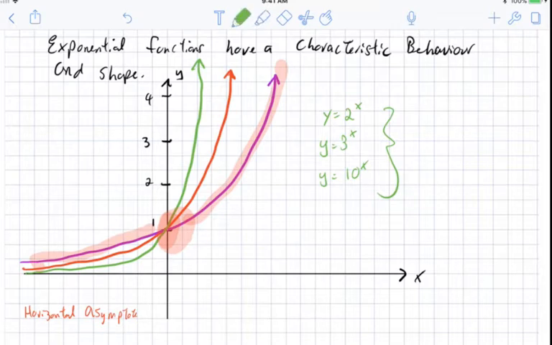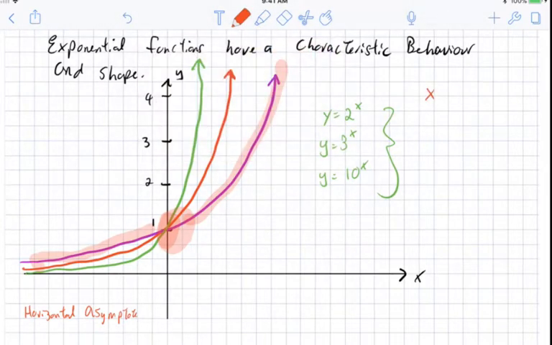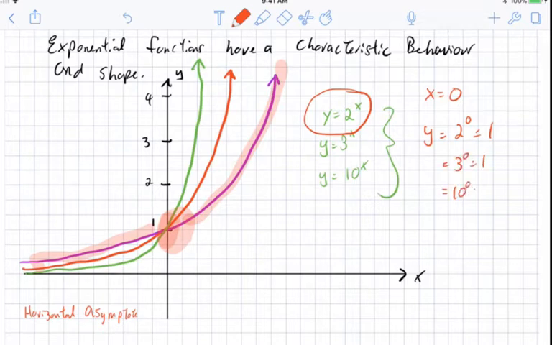The y-intercept is the location when x is equal to 0, and any exponential expression you have is going to be 1 there. 3 to the 0 is equal to 1, 10 to the 0 is equal to 1, right? And that's why all these graphs have the y-intercept in the same place.